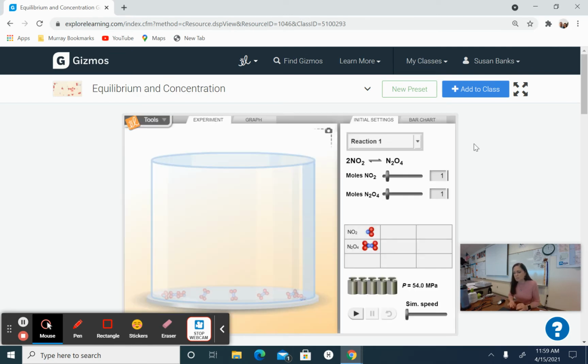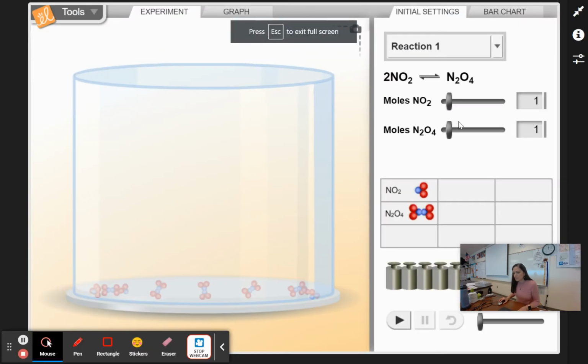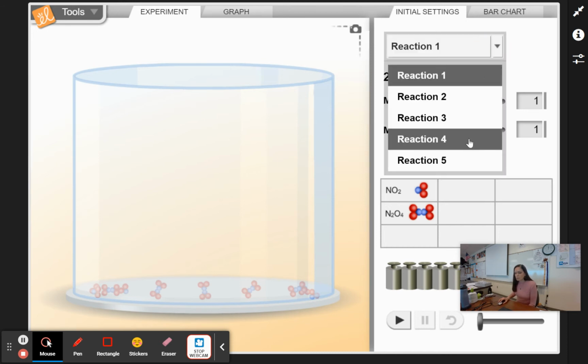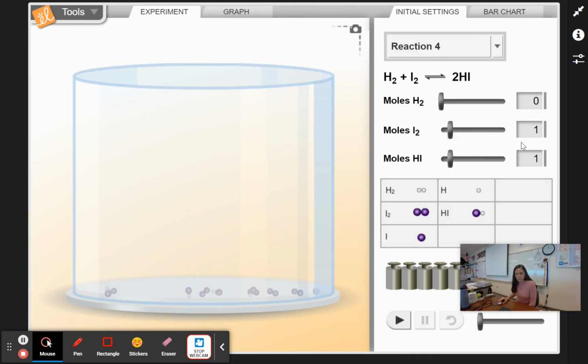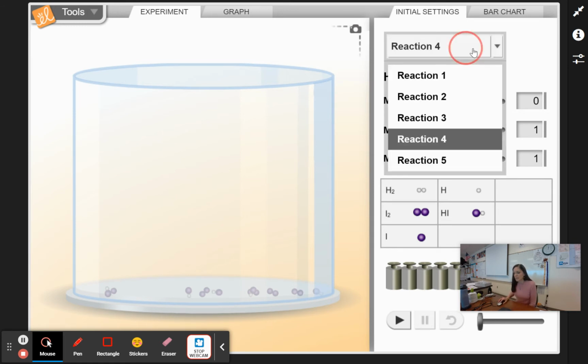I just wanted to show you a couple of things on this lab, how you manipulate things. The directions will be found in the Canvas that I put together for you guys. So you've got a couple of different ways that you can manipulate this. We have several different reactions going back and forth, so make sure you choose the correct reaction.